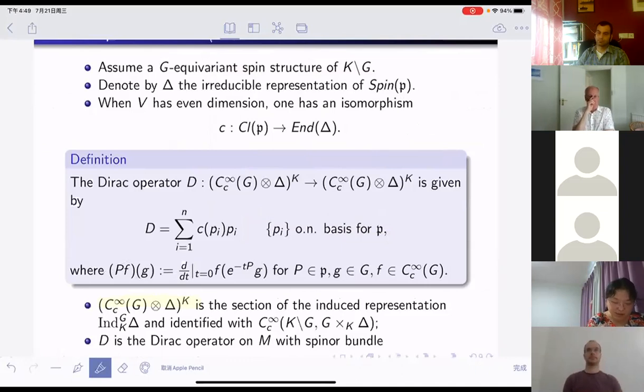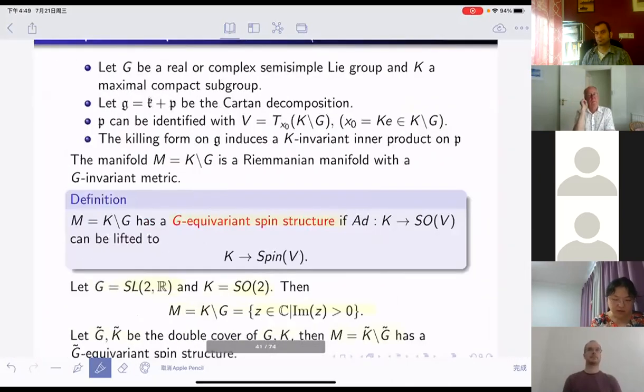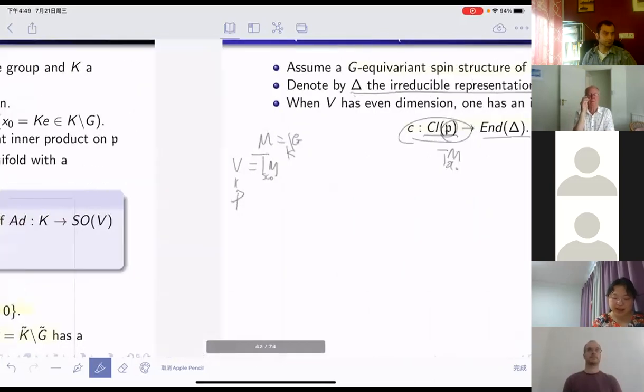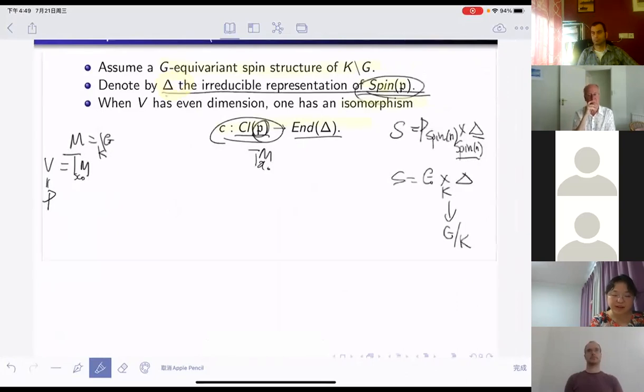And one can think of that as the sections of the induced representation of delta, because delta is a representation of K, because there is a map going from K to spin V, and V is identified with P, and P represents on delta.